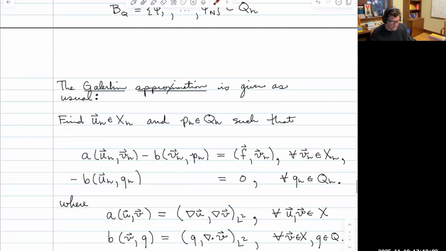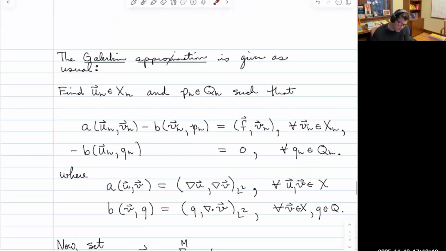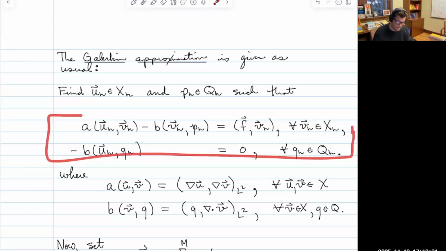What is the Galerkin approximation? All we do is make the test function space and the solution space equal to these finite dimensional spaces, XH and QH. We're going to look for a velocity in XH and a pressure in QH that satisfies our weak formulation.